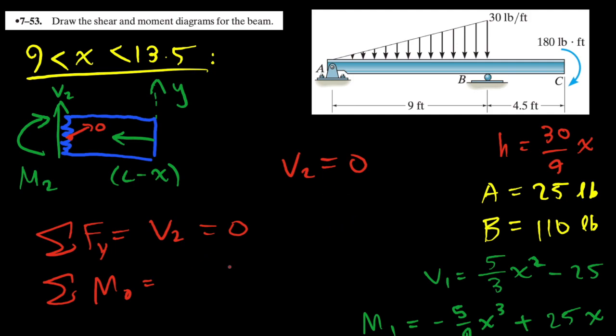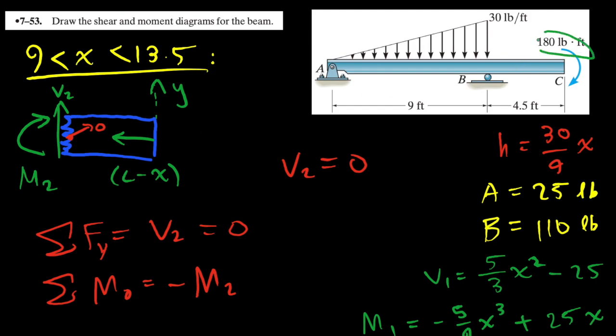This is important. Then we have the moment contribution, and we see that M2, a clockwise moment, exists. So negative M2 is equivalent to... there's one moment I forgot to add.